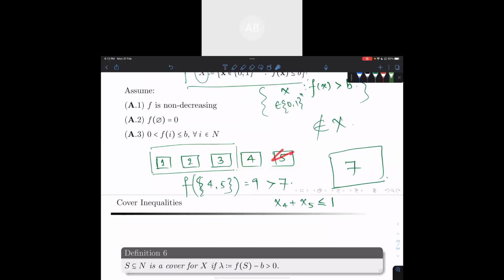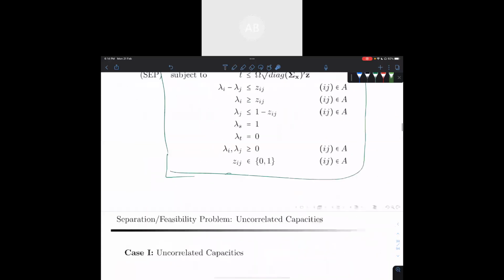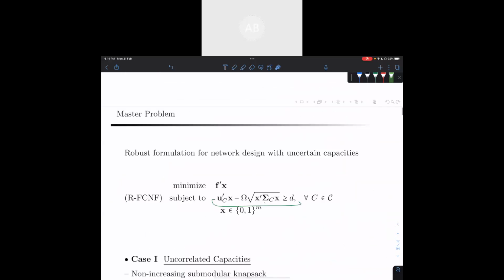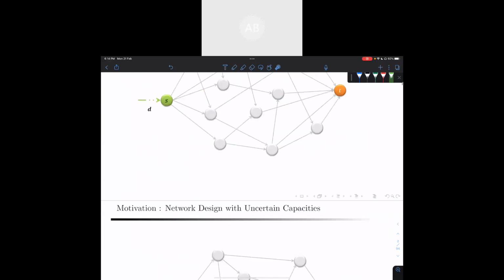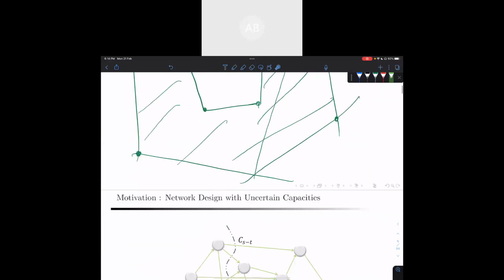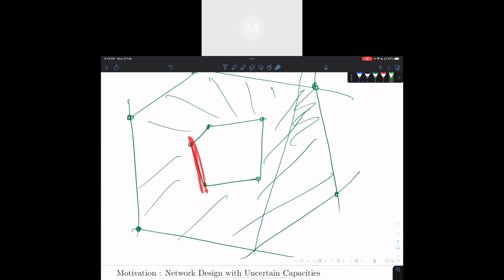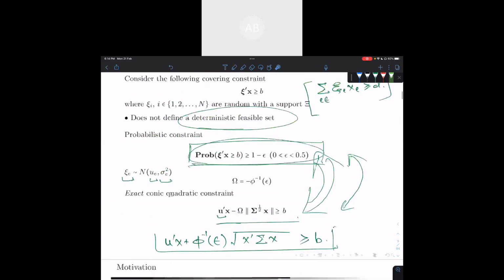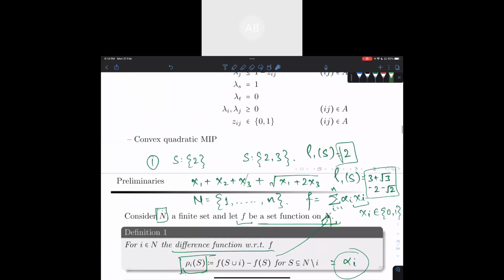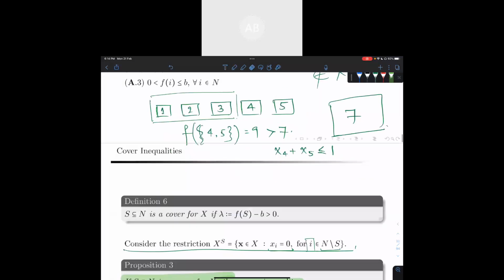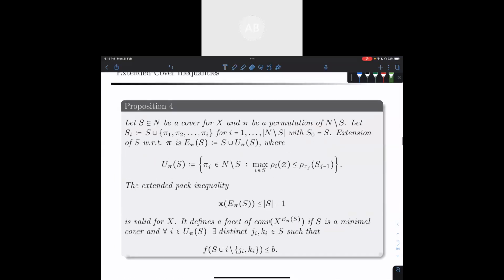If I take 5 out, it becomes feasible, right? So this inequality is a facet defining inequality. That is, if I was working with a problem like this, it'll be an inequality that defines these facets, instead of just a generic inequality which cuts off some region, right? So those are the arguments of these submodular covers, and then you can further strengthen them.